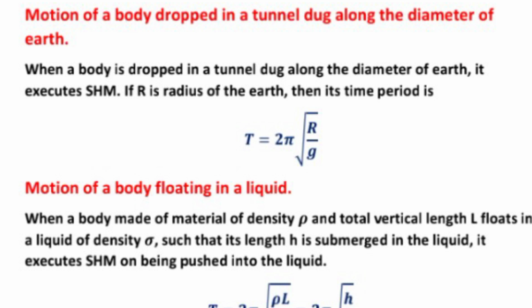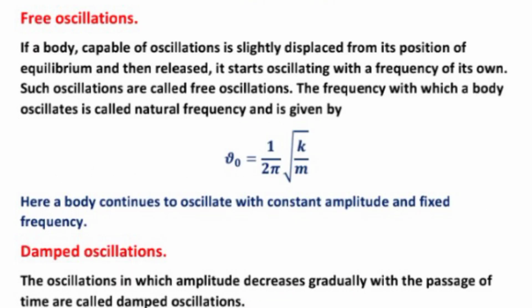Free oscillation. What is free oscillation? If a body capable of oscillations is slightly displaced from its position of equilibrium and then released, it starts oscillating with a frequency of its own.